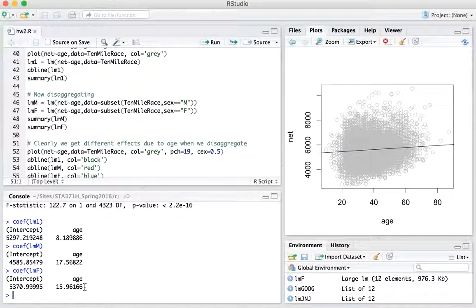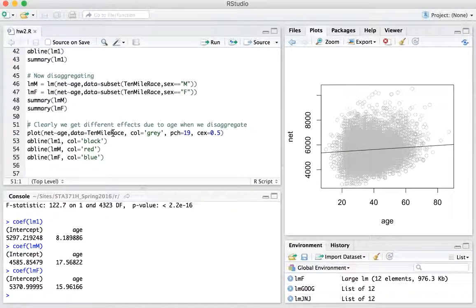So how could that be? How could the time penalty for men be 17 seconds, the time penalty for women be 16 seconds, and the time penalty for everybody be 8 seconds? Something's wrong with this picture. And so there's clearly a difference depending on whether we try to estimate this effect by aggregating everybody or whether we disaggregate and fit separate models for men and women.